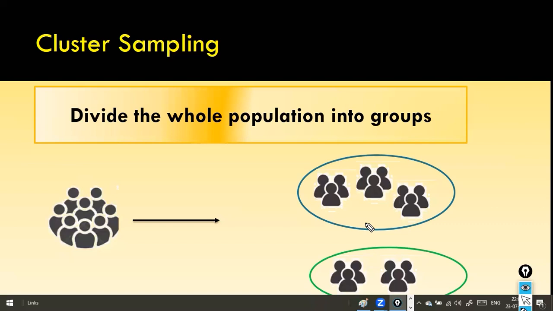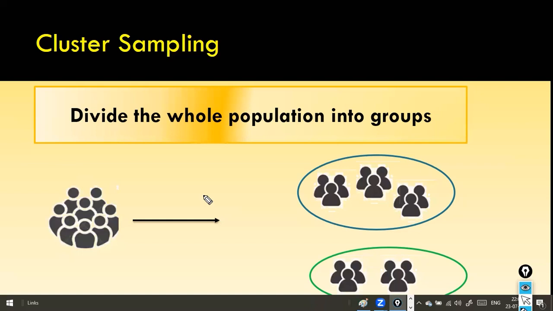Let's say cluster 1, cluster 2, cluster 3, and then survey all customers who visit those selected stores during a specific period to gain insights into customer satisfaction for the entire retail chain. So in that kind of situation also you can go for cluster sampling.